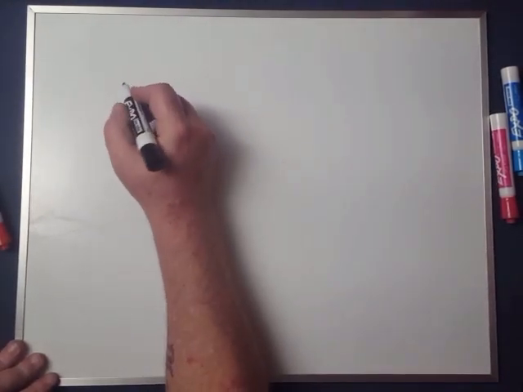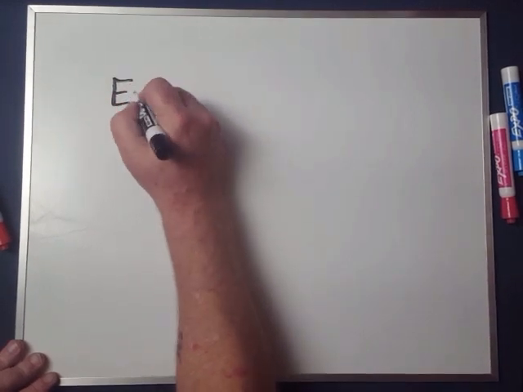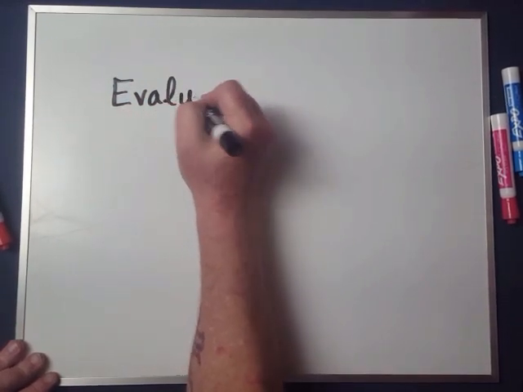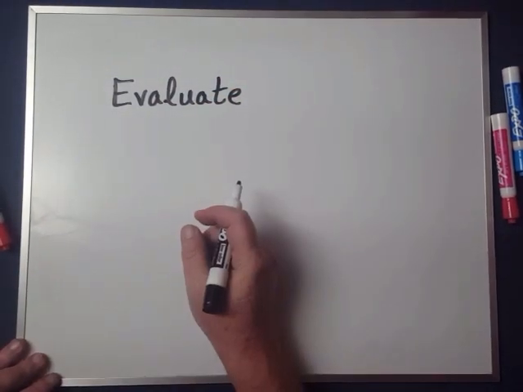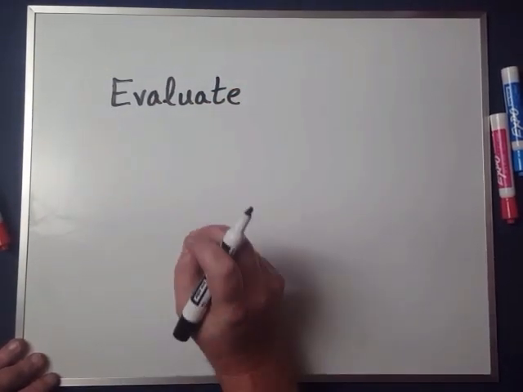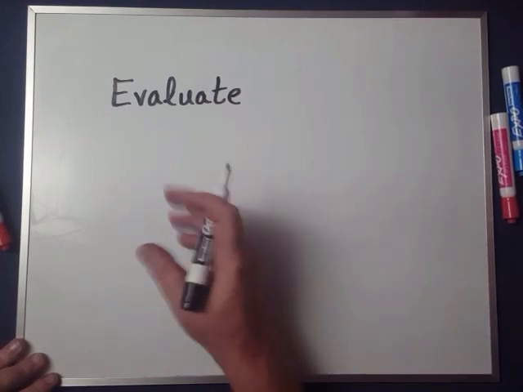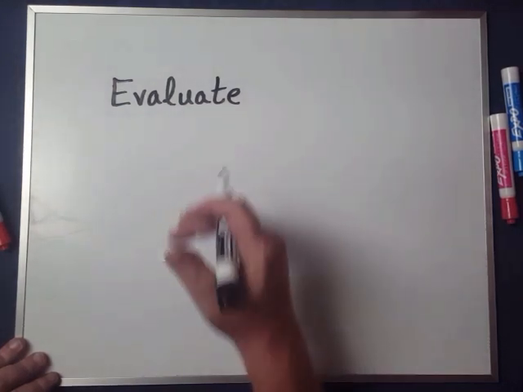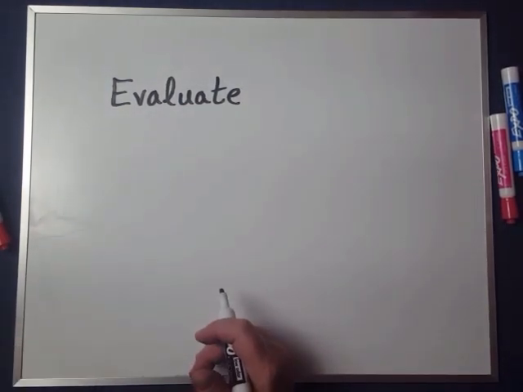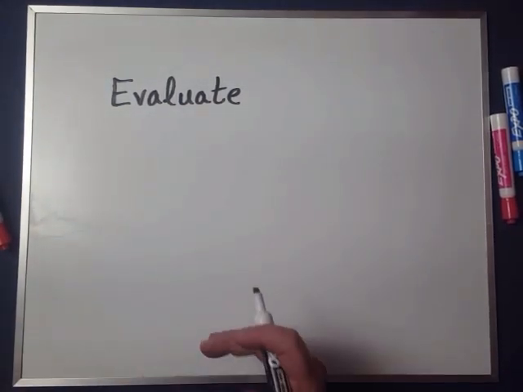Now, on a quiz or a test, I may simply say evaluate, which is what she's saying. She says find the value of each expression. That's what evaluate means. To find a value. To boil the expression down to a single number.